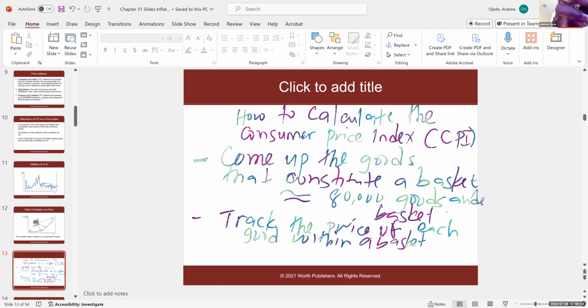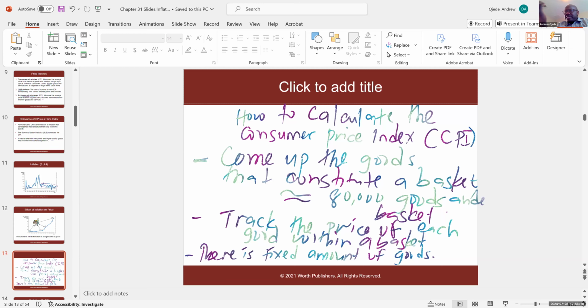And then in the basket, there is a fixed amount of goods. So the Bureau is going to assume that if oranges are one of the 80,000 goods and services, in every month a typical American family buys 20 oranges.